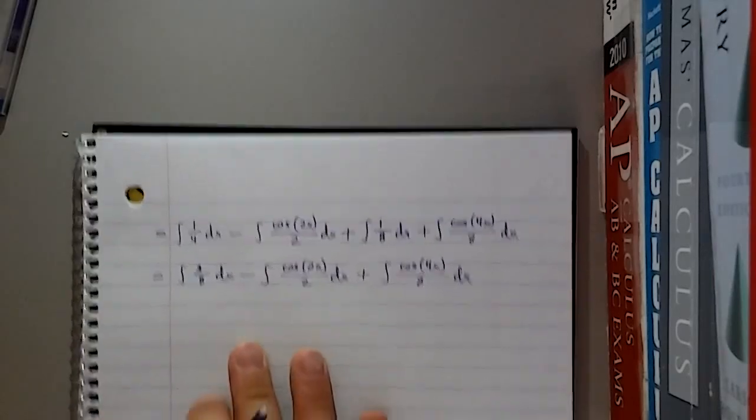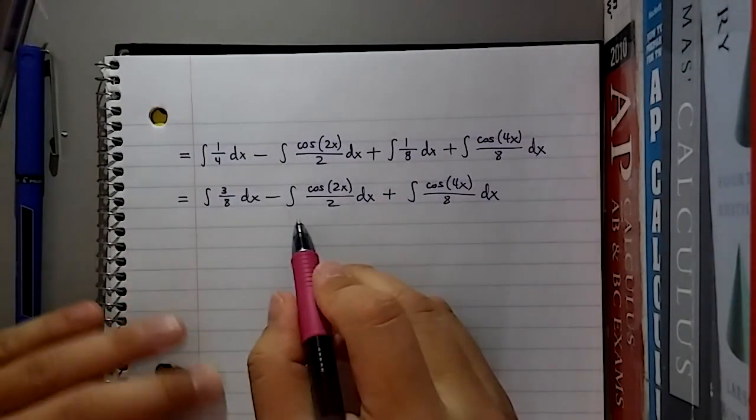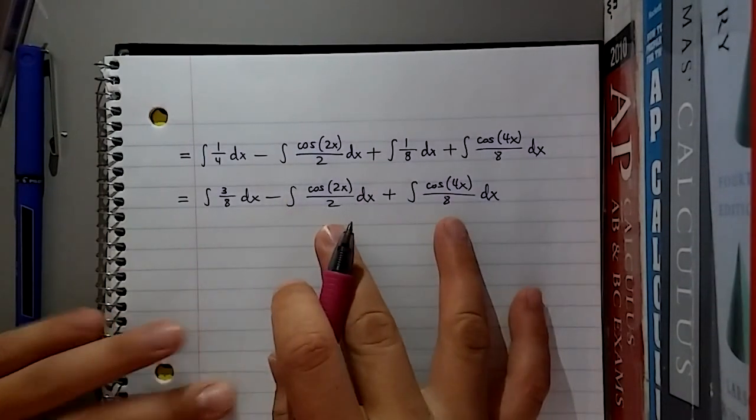And that is nearly the end of the nightmare. You can integrate both of these using u sub.